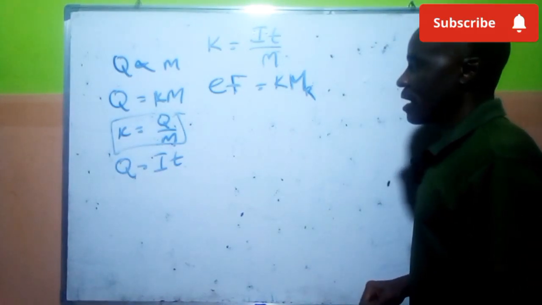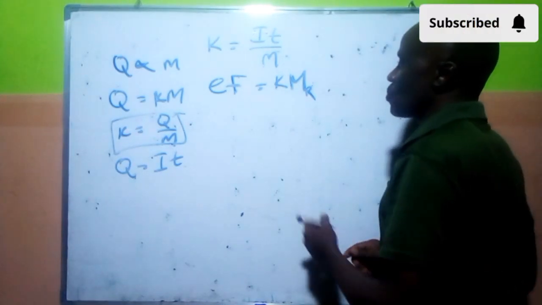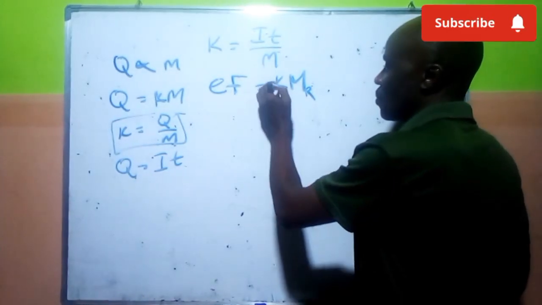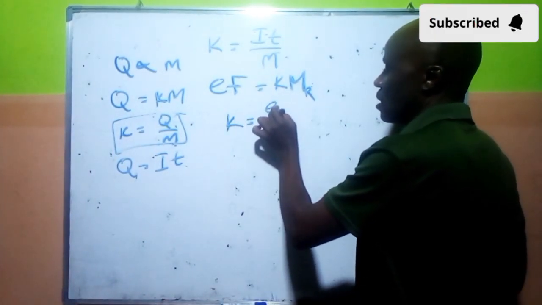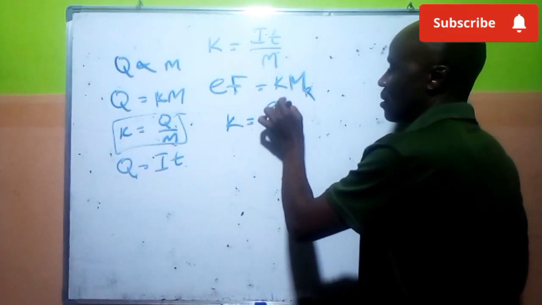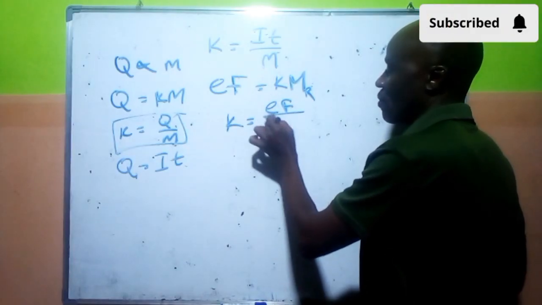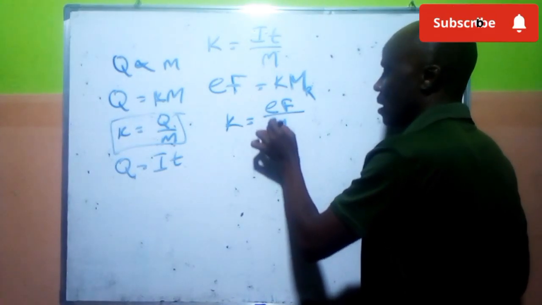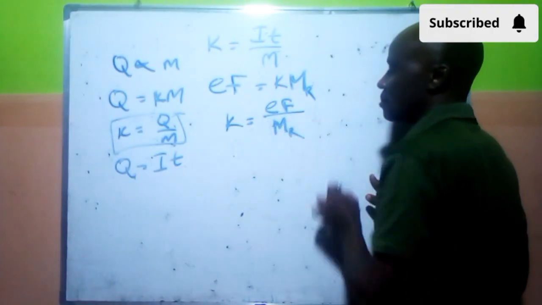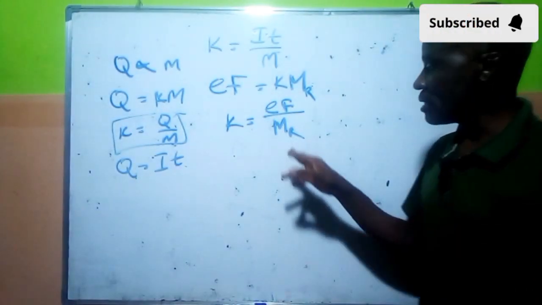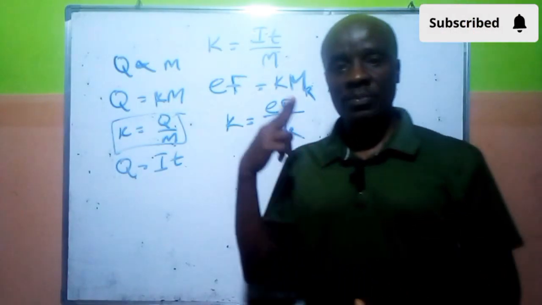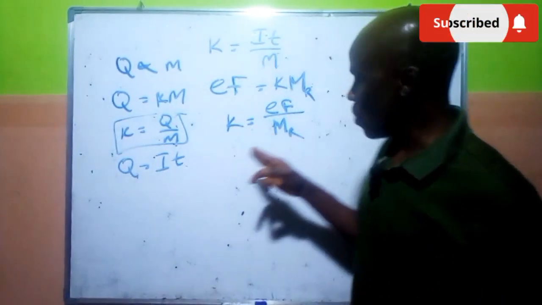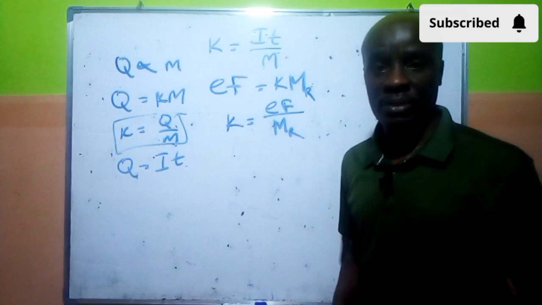So in that case, to find the constant, K is equal to the charge times Faraday, all over the molar mass. This time around, remember I said we are calculating for 1 mole, and 1 mole is equal to the molar mass of any substance.